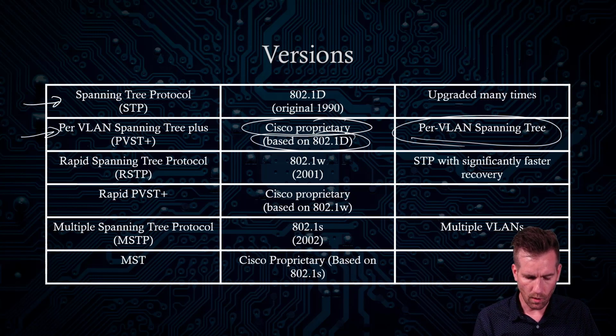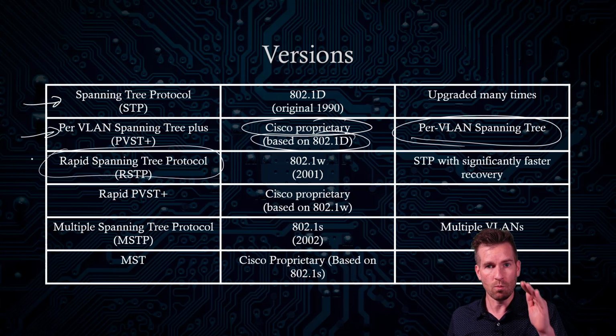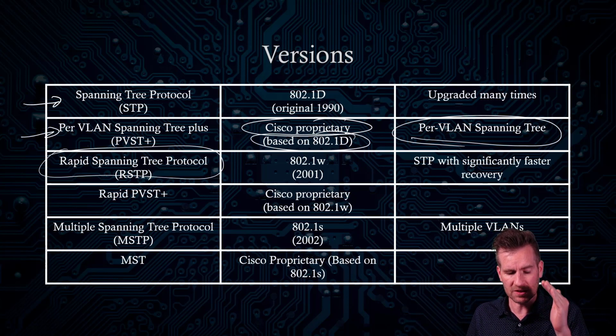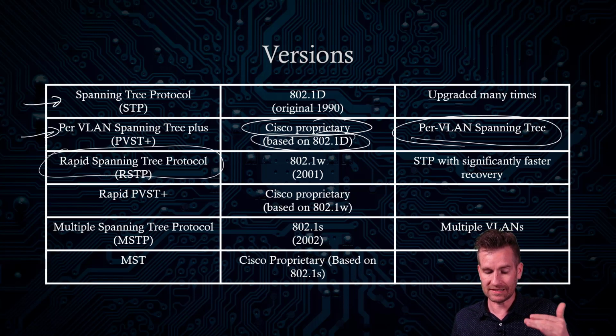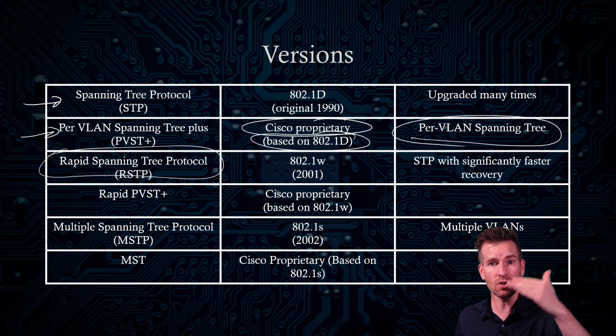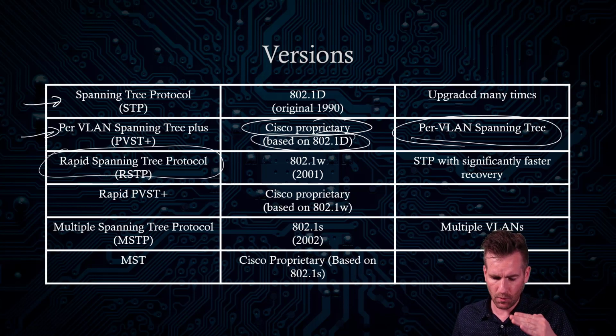Then we got into rapid spanning tree protocol. One of the problems with the original spanning tree protocol was that it was very slow to converge, or very slow to actually bring the ports live. So rapid spanning tree protocol was developed to significantly increase the speed that access ports would come back up and increase the recovery time of the different ports as well.